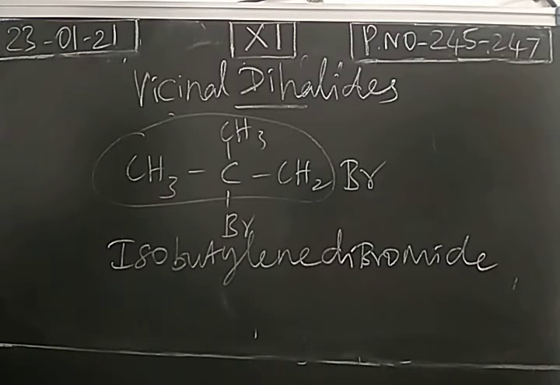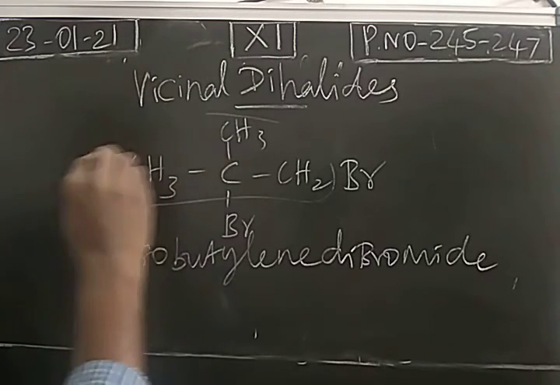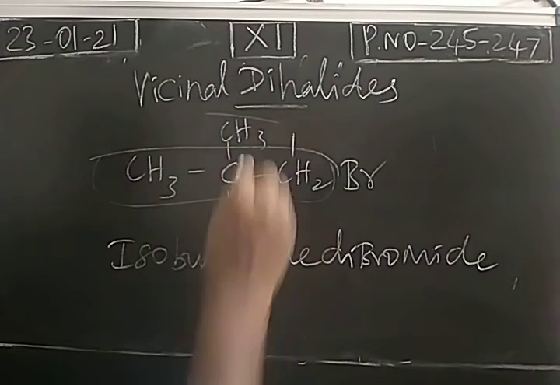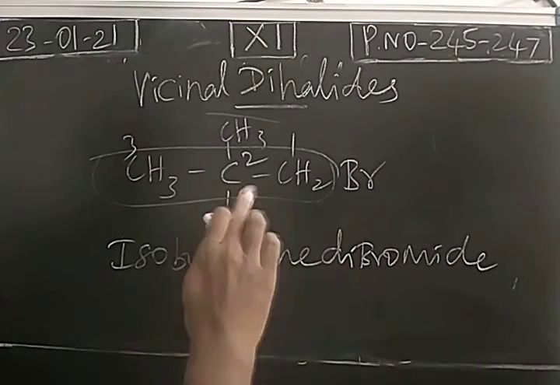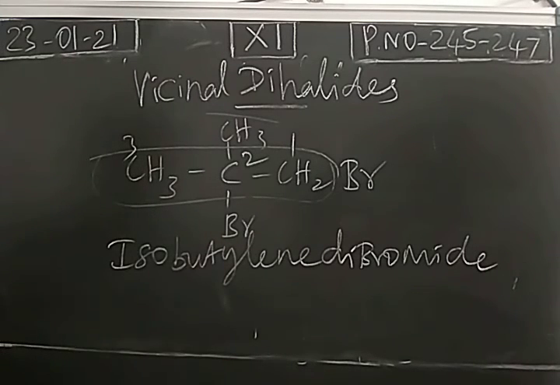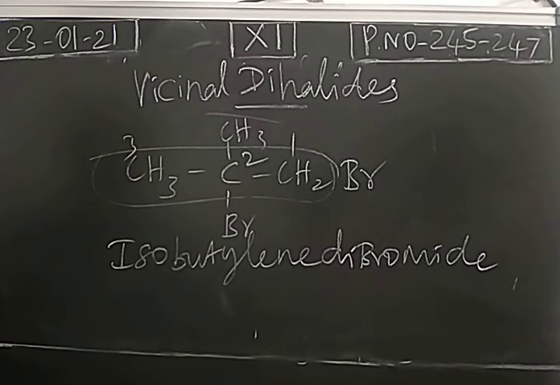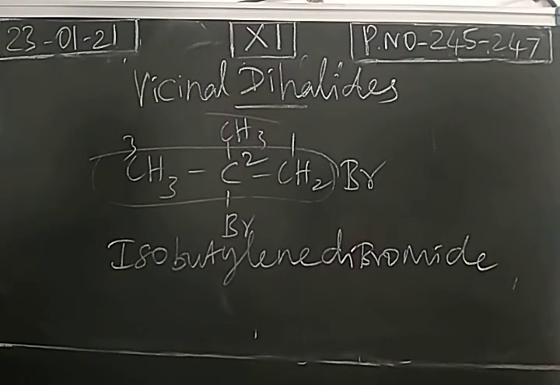IUPAC name. For writing the IUPAC name, we have to select the longest chain. So this is the longest chain. We have two bromine atoms at adjacent carbon atoms, at the first and second positions. And we have a methyl substituent. So we have to mention both halogen as well as methyl. In alphabetical order, bromine will be mentioned first.